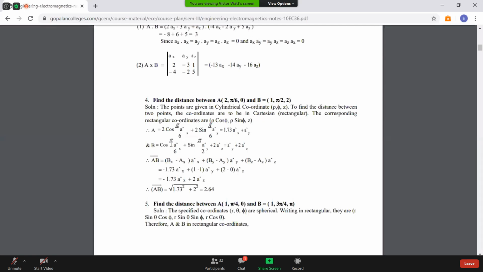So you would first convert these to Cartesian coordinate. Phi is 5π/6. Rho is 2. So your x would be 2 cos 5π/6, and your y would be 2 sine 5π/6.